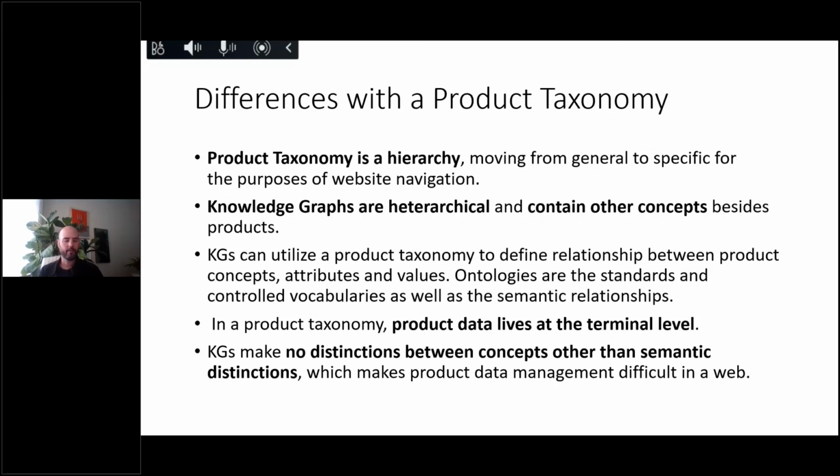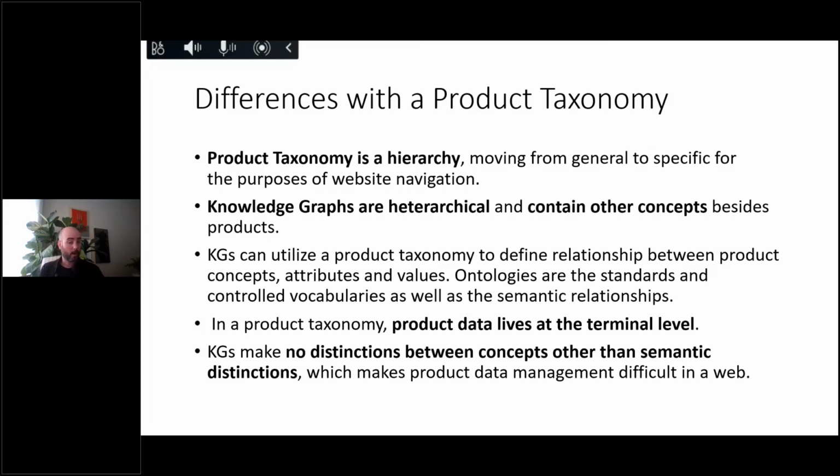Knowledge graphs are not hierarchical, so they don't move from general to specific. They only contain concepts and semantic relationships. The different concepts don't have to be taxonomically similar. They can be taxonomically totally different, but there's a relationship between them, so they can be on the knowledge graph together.